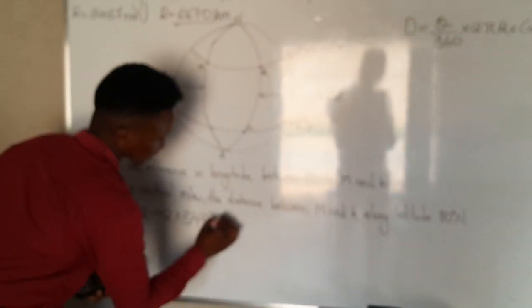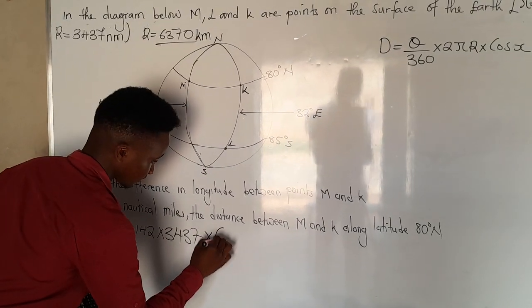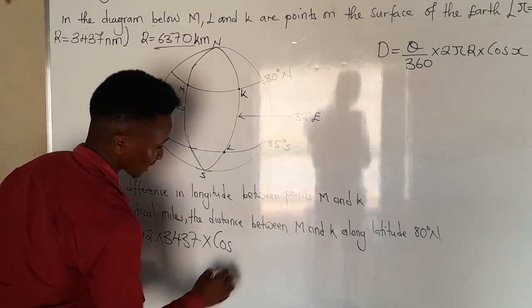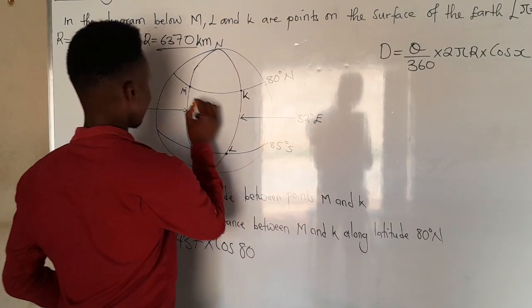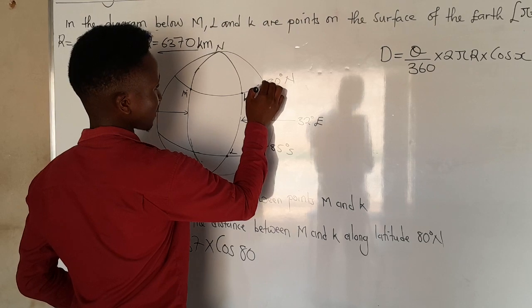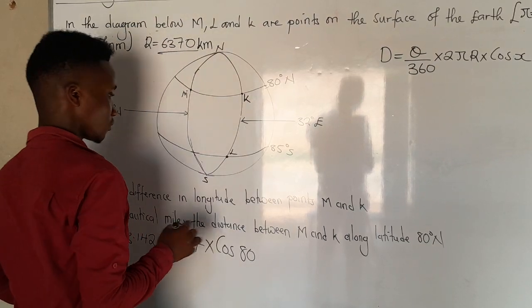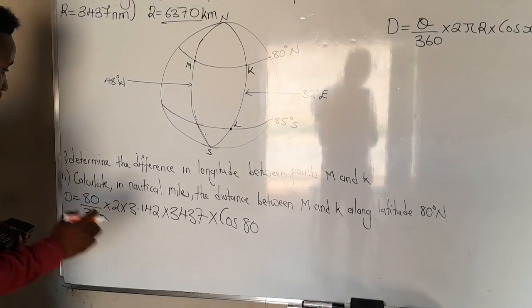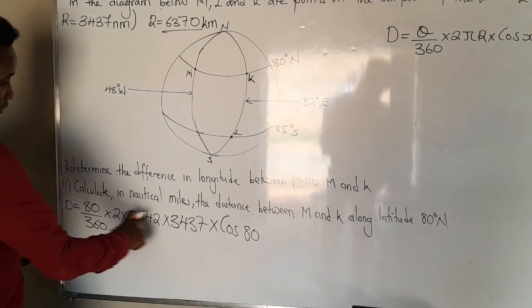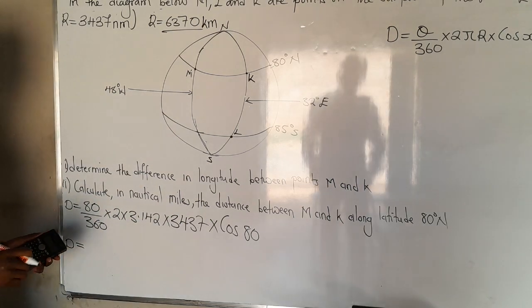Then I say times cos 80, along the latitude 80 degrees. Even here if you check, the latitude they are both lying on is 80 degrees. Then our distance will be equal to, so the first thing you can do is multiply everything on top, then divide by 360.